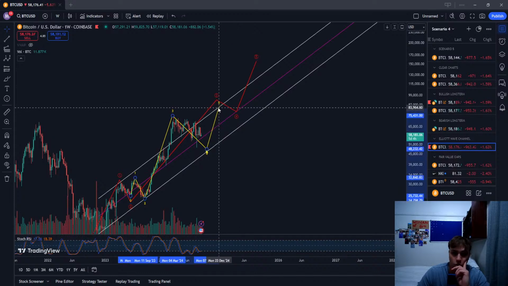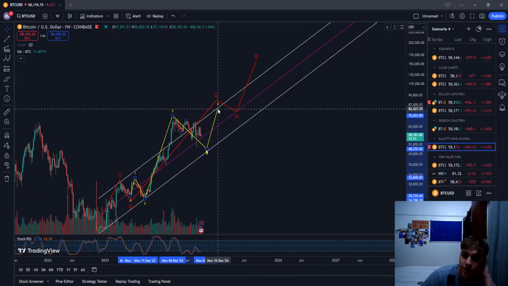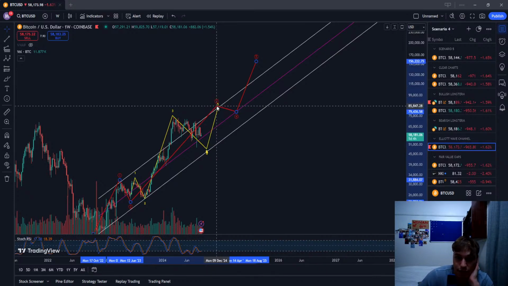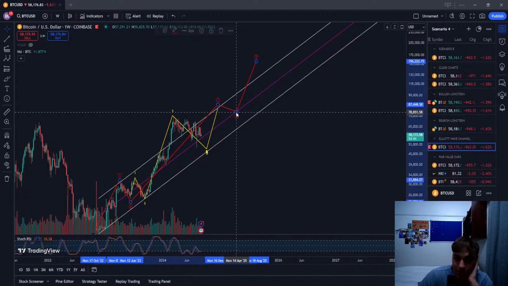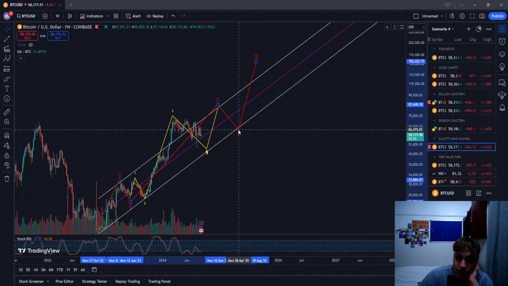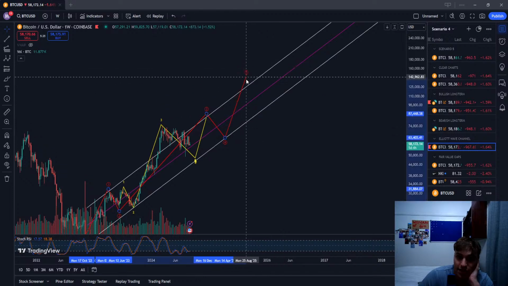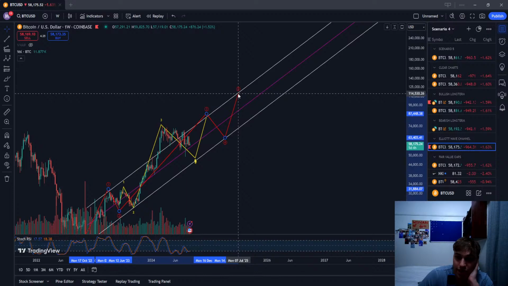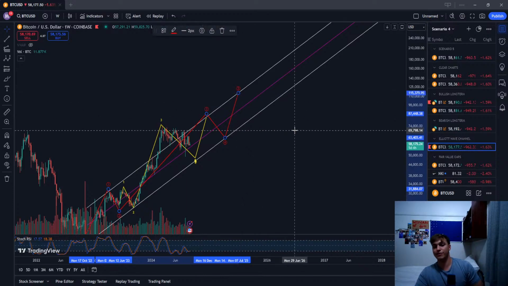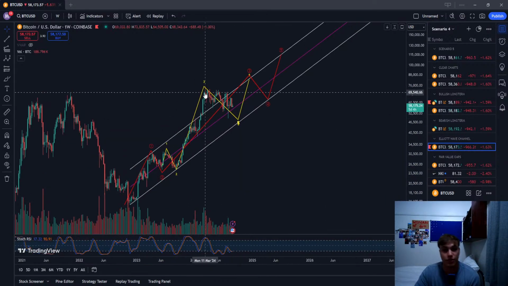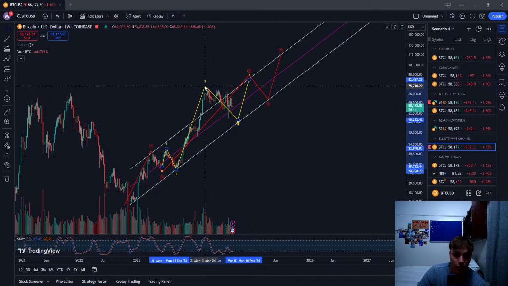Oh, this looks gorgeous. Rejecting off the top part of that channel, coming back into the channel, testing that $60,000 level again, and then moving into that 115, 120,000. This actually looks very, very pretty on this channel.